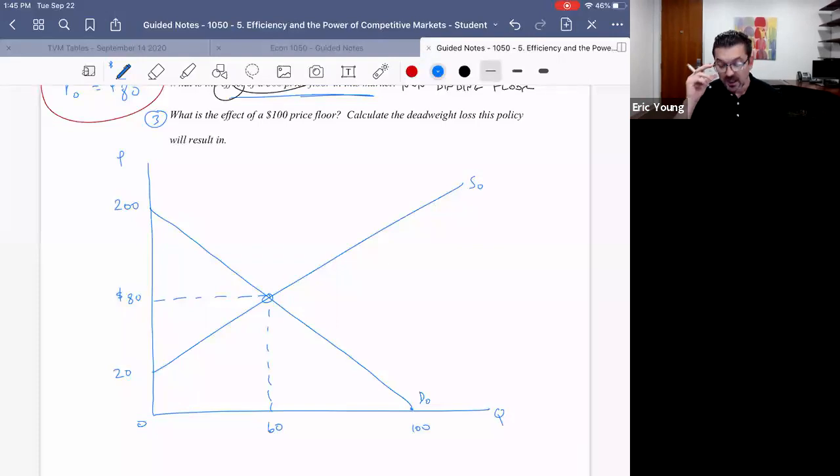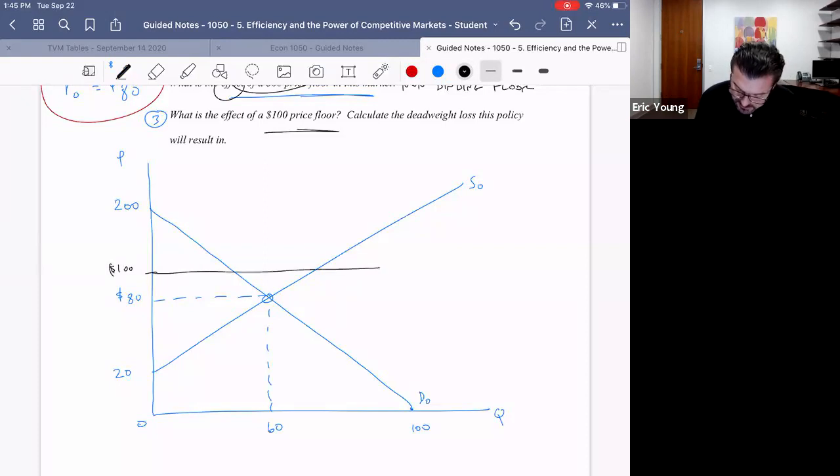Nothing new. Now, however, we ask the question, what's the impact of a $100 price floor? And now we're going to have something happening because the $100 is up here.